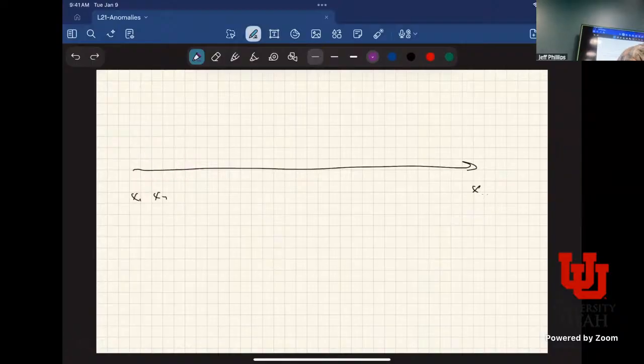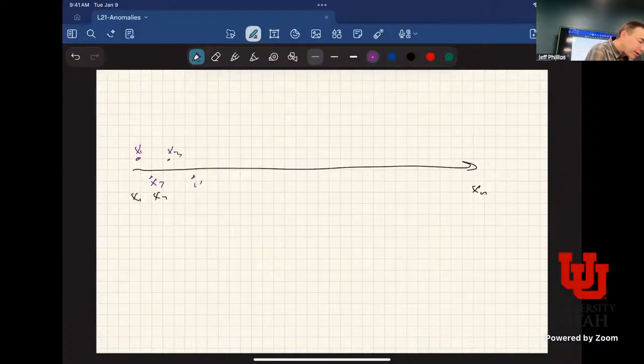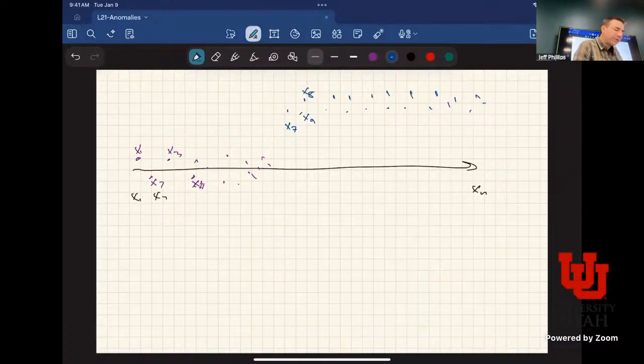Let's say instead, these are actually points. So this is x1, x2, x3, x4, and then at some point it changes, perhaps like this. So this is x7, this is x8, x9, and so forth up to x30. Okay, so there are some values here.